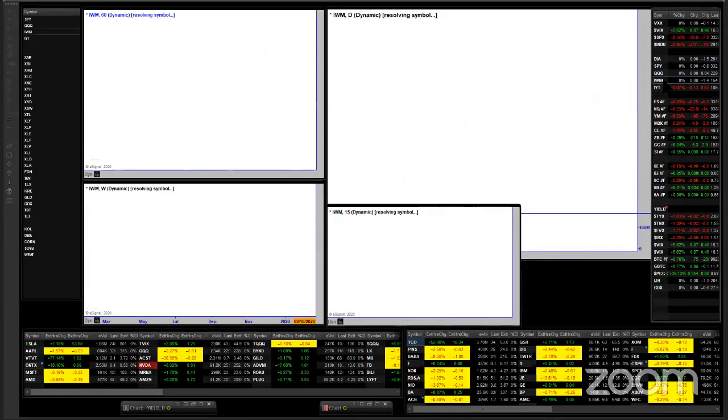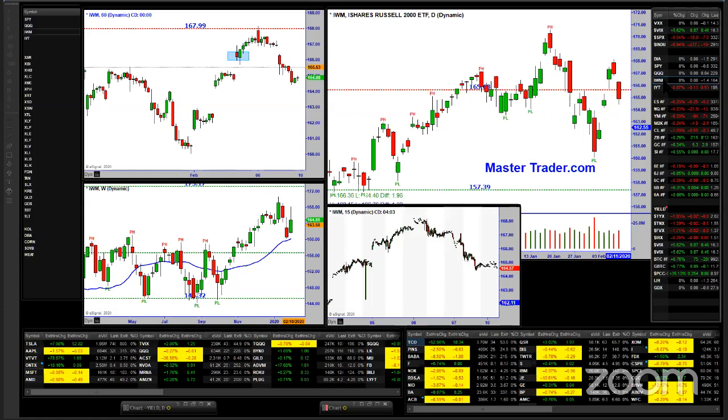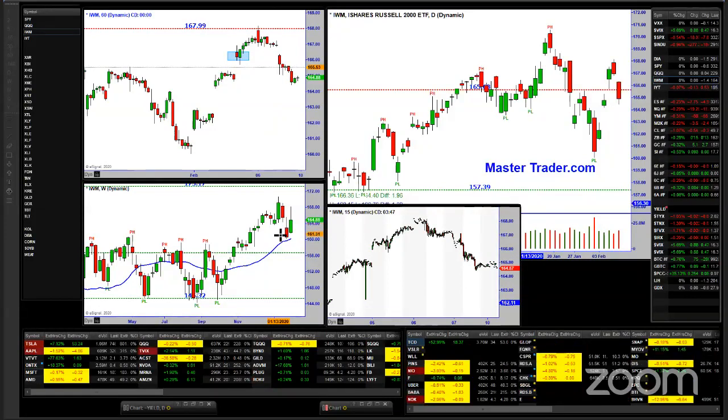We looked at the Qs. The Russell, right, that showed more weakness than the others. It had the breakout failure. So a lot more uncertainty there, rather than those green bars that we're looking at on the weekly here, this breakout and failure. So you've got a lot of traders and institutions that got caught, now that are kind of like, hey, is this recovery for real?